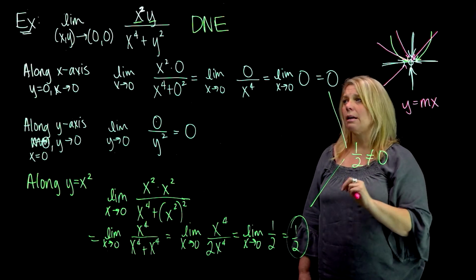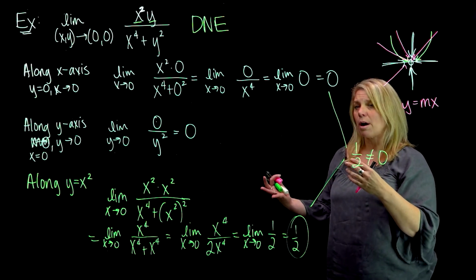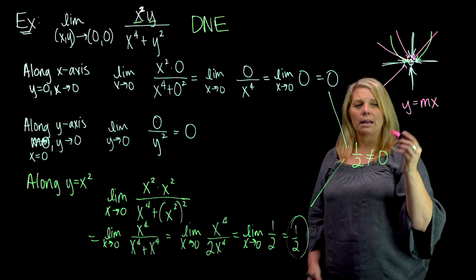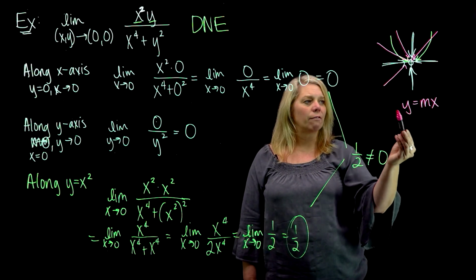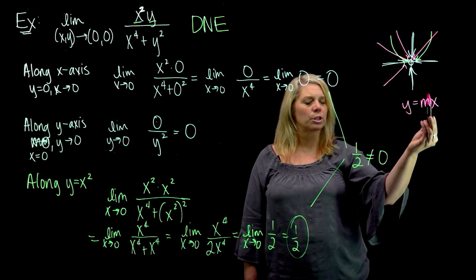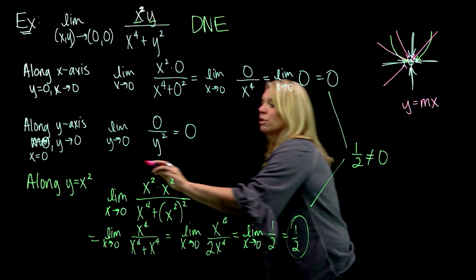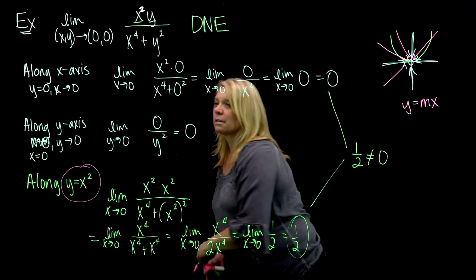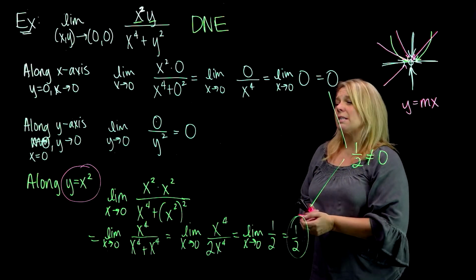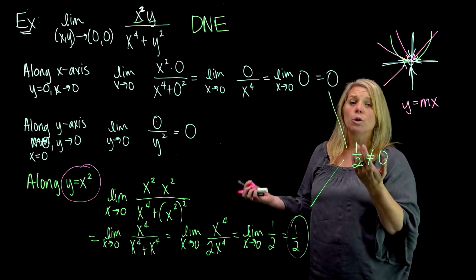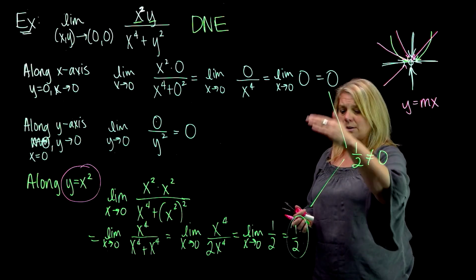The important part of that is to understand that even if you get 0 along infinitely many paths of approach, if that's not every path of approach, then you really haven't shown that the limit exists, right? To show that a limit does not exist, you really just need 2 different paths that do not agree.